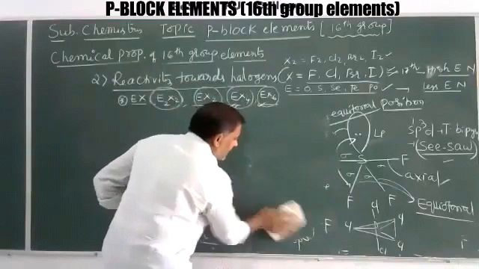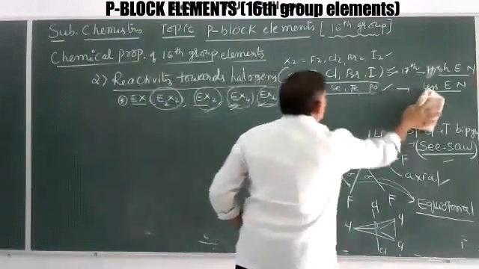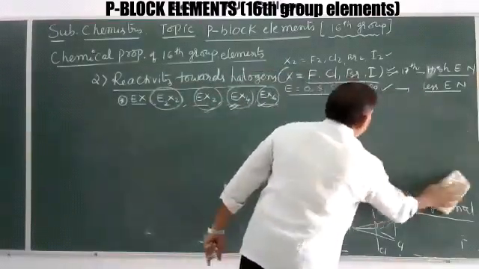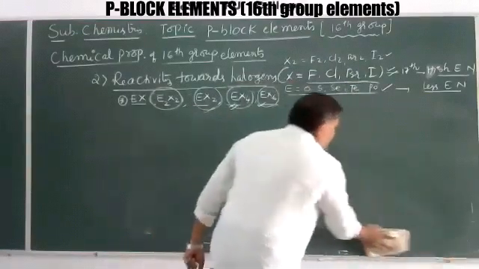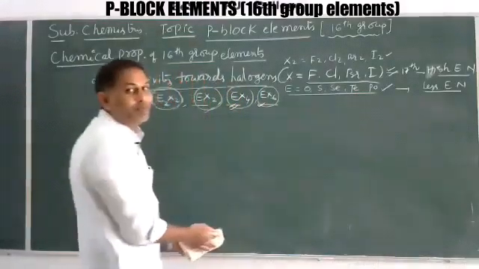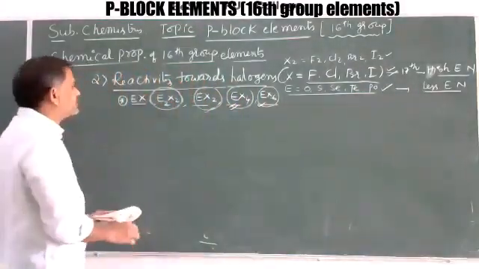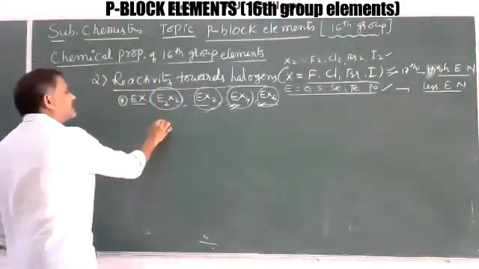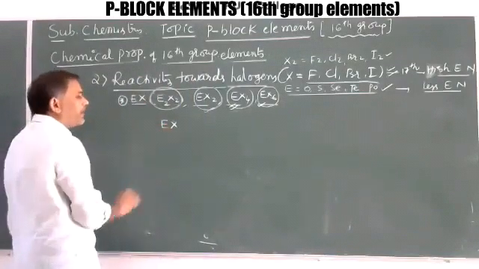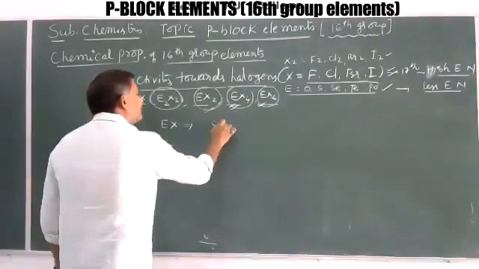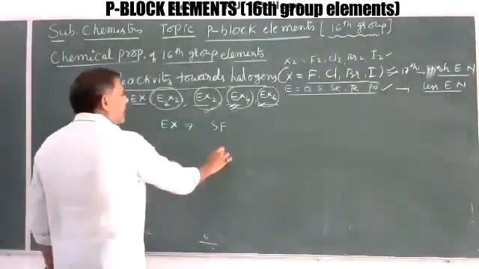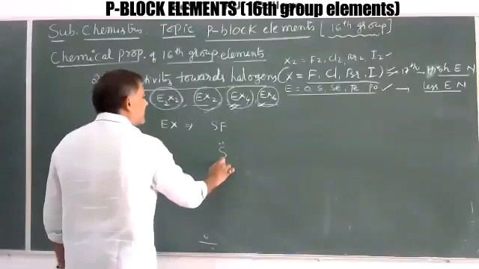In our NCERT book, the last line given says monohalides dimerise and easily undergo disproportionation reaction. Very, very important point. So monohalides means, for example, EX. If we take SF, around sulfur 6 valency electrons are there.